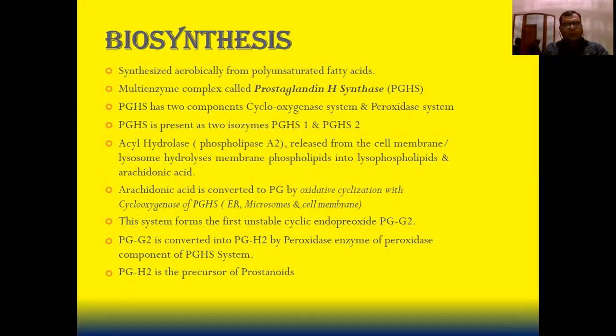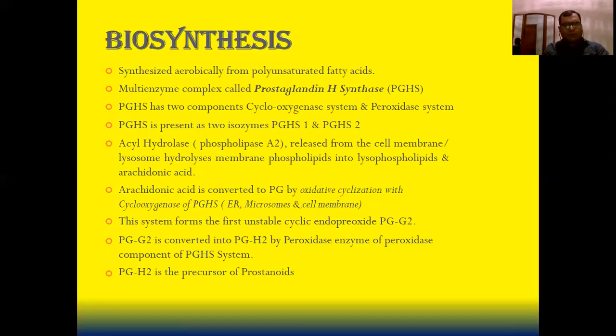Phospholipase A2 is released from the cell membrane and hydrolyzes membrane phospholipid into lysophospholipid and arachidonic acid. Arachidonic acid is converted to prostaglandin by oxidative cyclization with the cyclooxygenase of prostaglandin H synthase in the microsome and cell membrane.